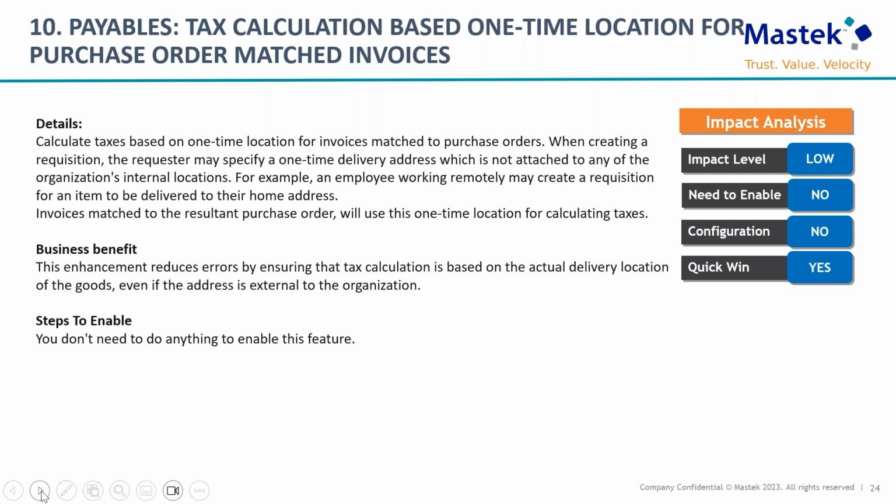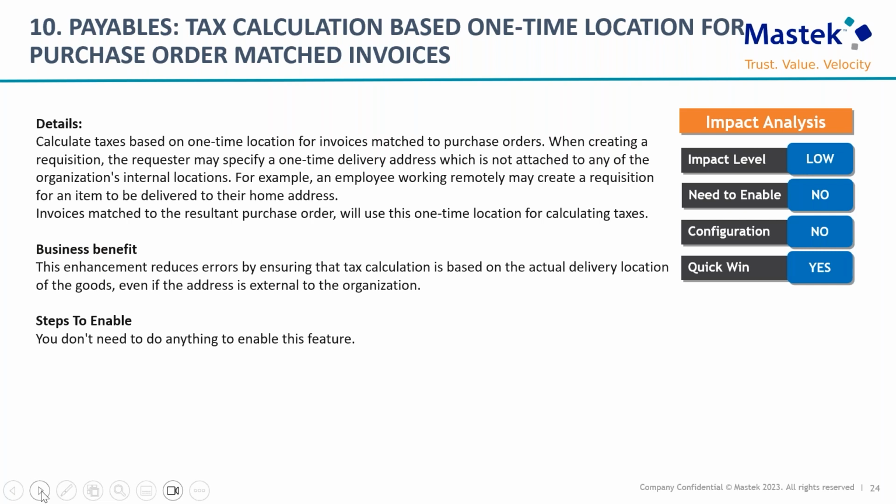Tax calculation based on one-time location for purchase order matched invoices. The requester may specify a one-time delivery address which is not attached to any of the organization's internal locations. For example, an employee working remotely may create a requisition for an item or equipment to be delivered to their respective home address.